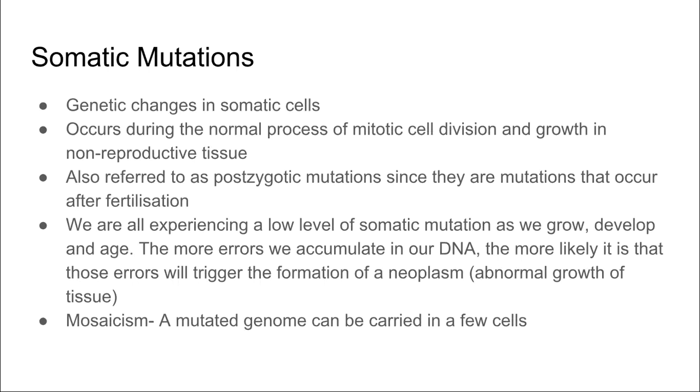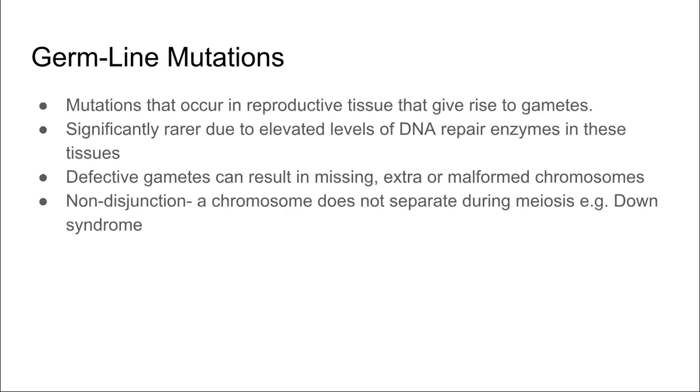We all experience a low level of this as we grow in age. The more errors we have in our DNA, the more we can see abnormal growth of tissues as we get older. And then mosaicism is where a mutated genome can be carried in a few cells, and it's where we sometimes see people having different pigments present in their skin due to this mutated genome.